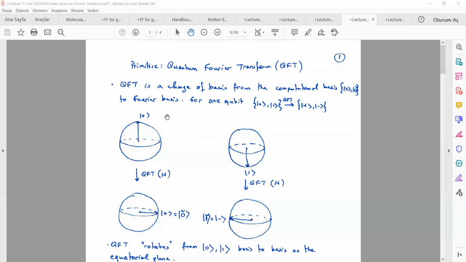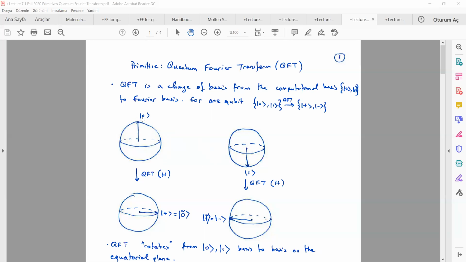One can visualize this in these graphs. Let's assume these are our Bloch spheres. The Bloch sphere representation of the ket 0 vector was this, and the ket 1 vector was this.